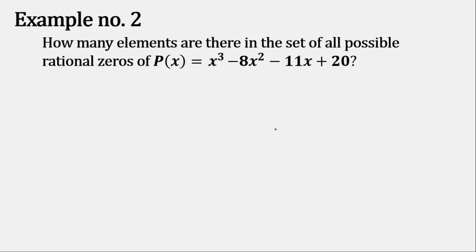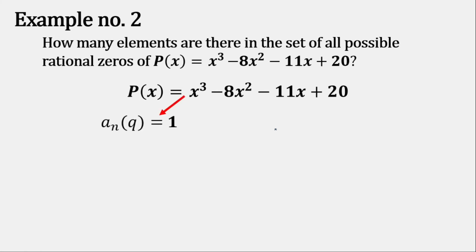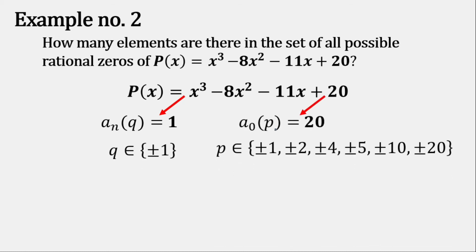In this case, we're going to find all the possible zeros, list them down, and count them. This one is easy because it's already in standard form and we have our q as 1. So the factors of 20 would be divided by 1 only. The factors of 20 are positive negative 1, 2, 4, 5, 10, and 20.